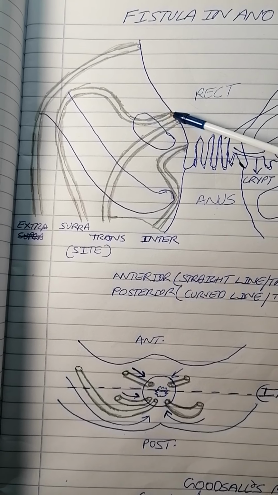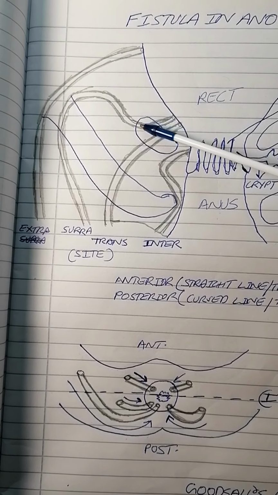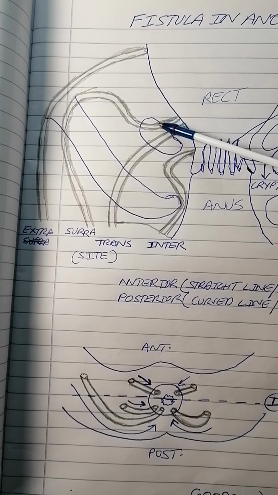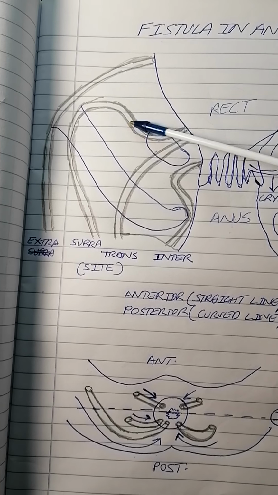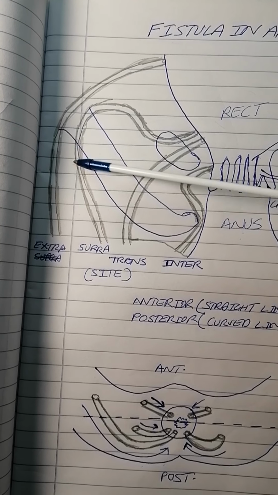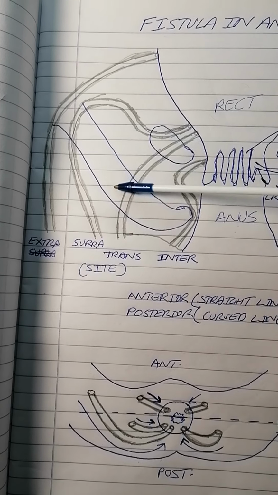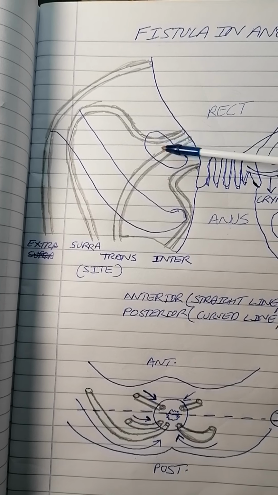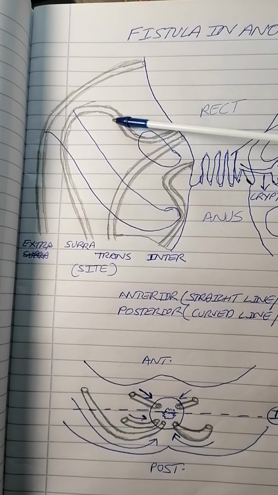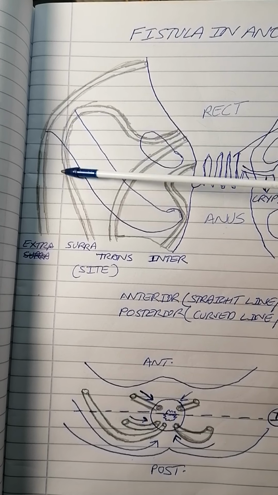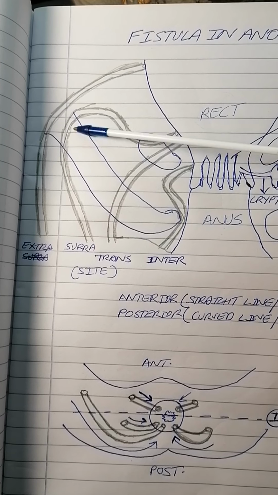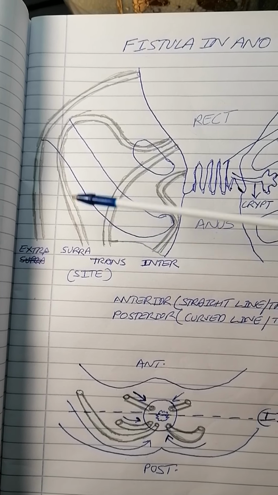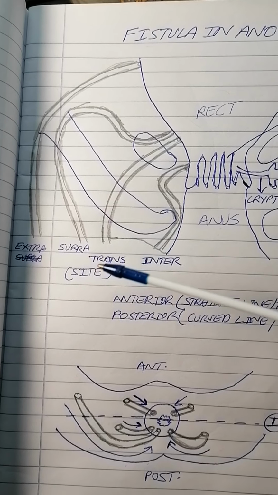This one is passing through your internal sphincter, but it's going above your external sphincter. That's why it is known as supra. This is your suprasphincteric fistula.